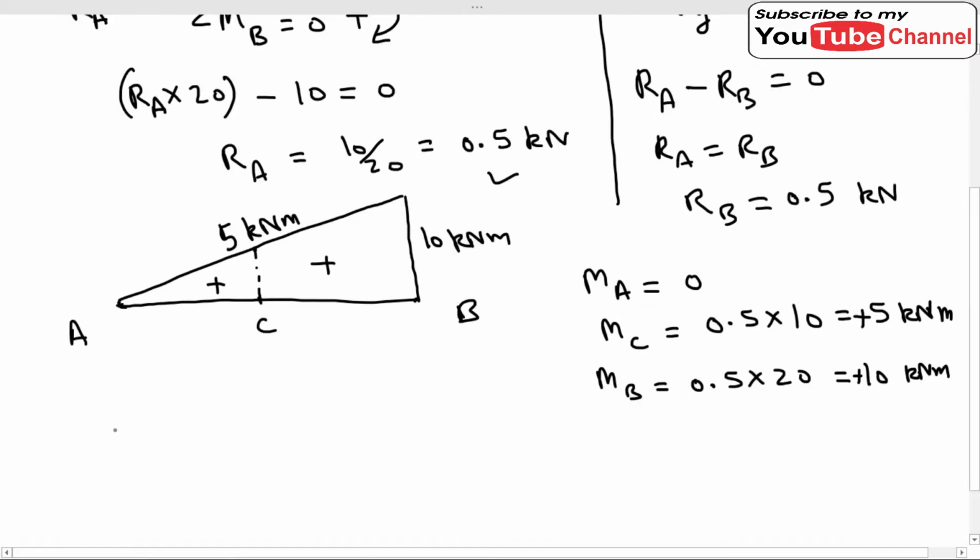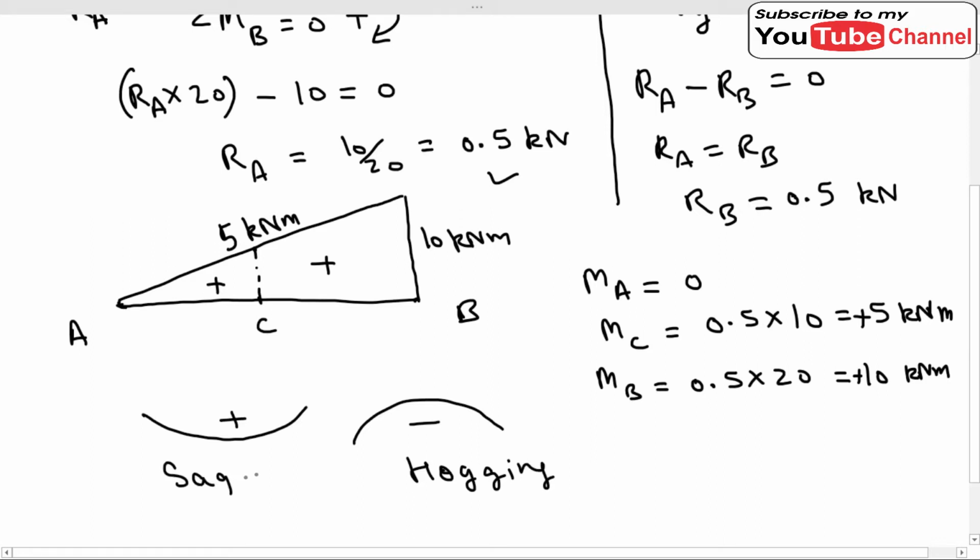One important thing which I want to discuss here is that if the beam deflects like this, the bending moment will be taken as positive, and if the beam deflects like this, the bending moment will be taken as negative, or you can say that it will be hogging and it will be sagging.